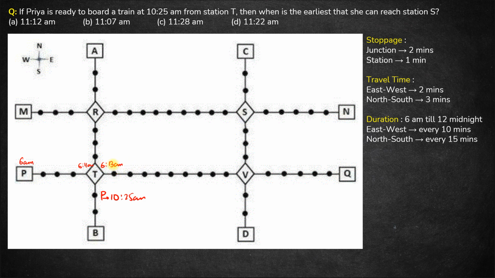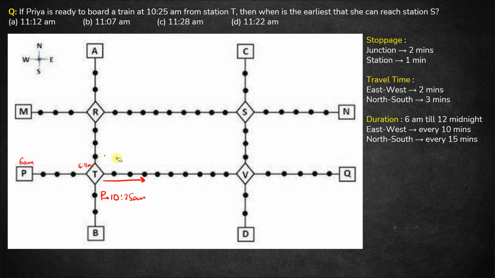So the first train that will depart T towards V is at 6:13 am. And a train will leave every 10 minutes. Sorry, I said 15 earlier, but the train leaves after every 10 minutes.